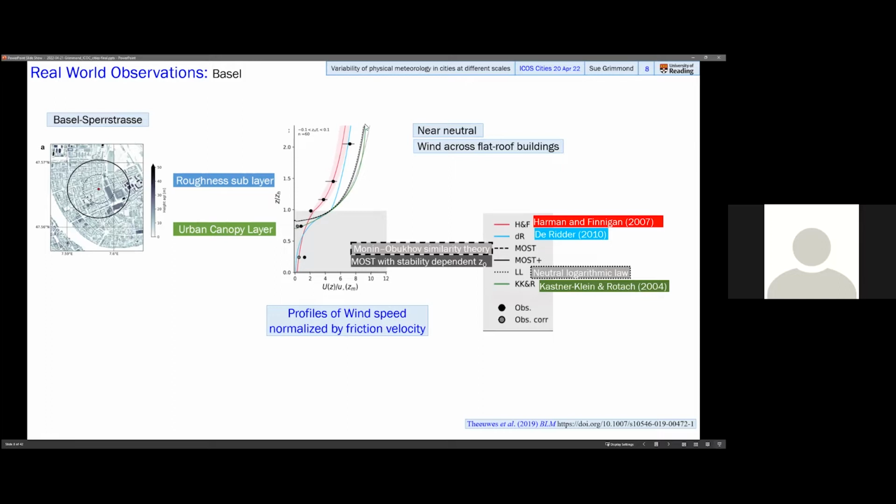So we're going down towards the surface, and we can see that it becomes basically 0 just below the mean height of the buildings. So this is saying that there is no wind below the surface, in this case below the mean building height, or just below that. In this case, sorry, I said Berlin before, but that should be Basel, sorry.